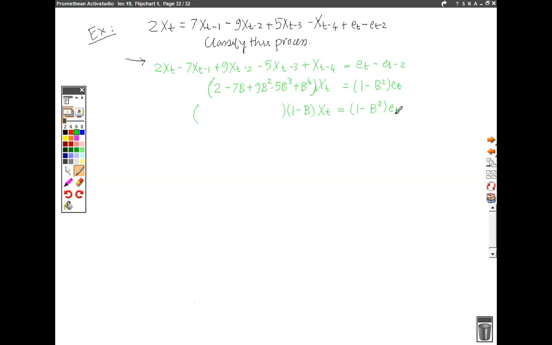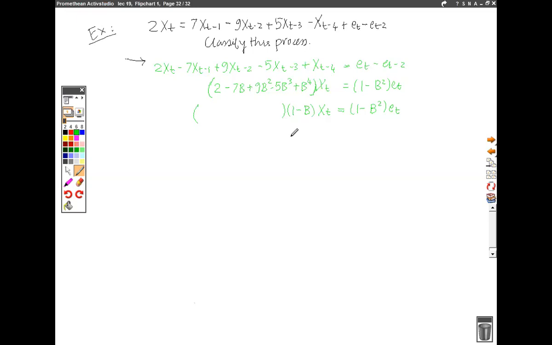Okay, that is actually a very good question. Now we know that the first root of this characteristic equation is 1, and we know that this model is not stationary, right? But let us try to see what happens next.